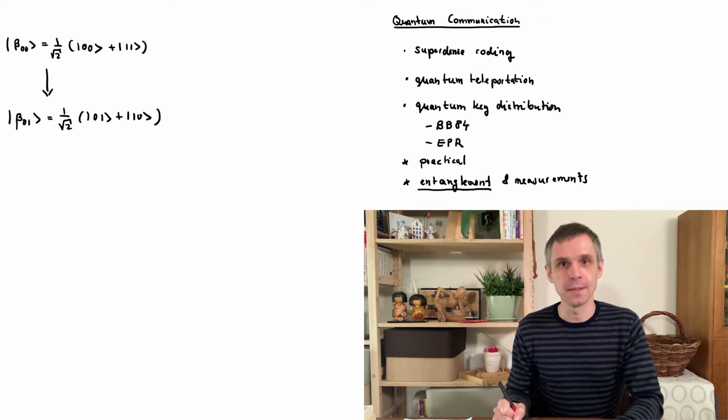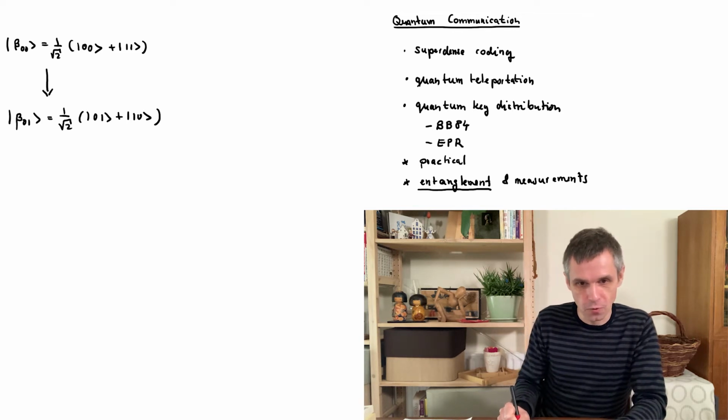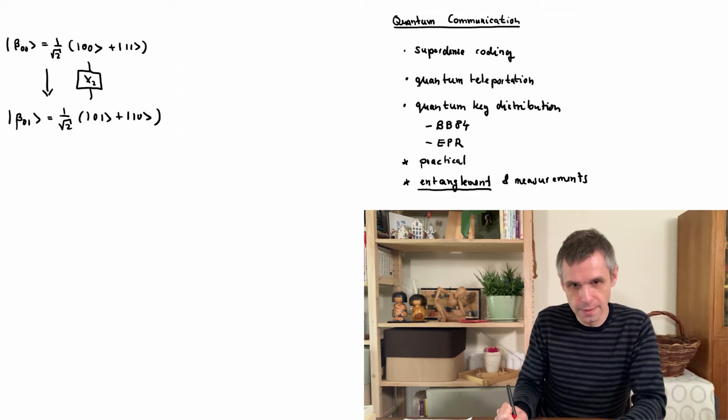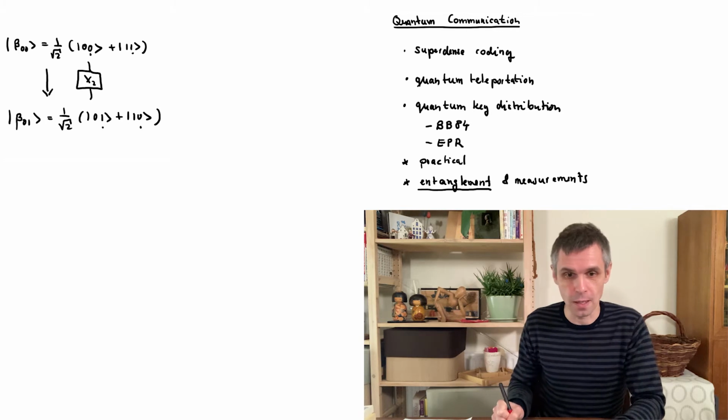In particular, we can achieve this by applying the NOT gate, the Pauli X gate, to any of the two qubits. So for instance, when we apply this to the second qubit, we immediately see that this 0 here becomes a 1, and this one becomes a 0. So this definitely works out.